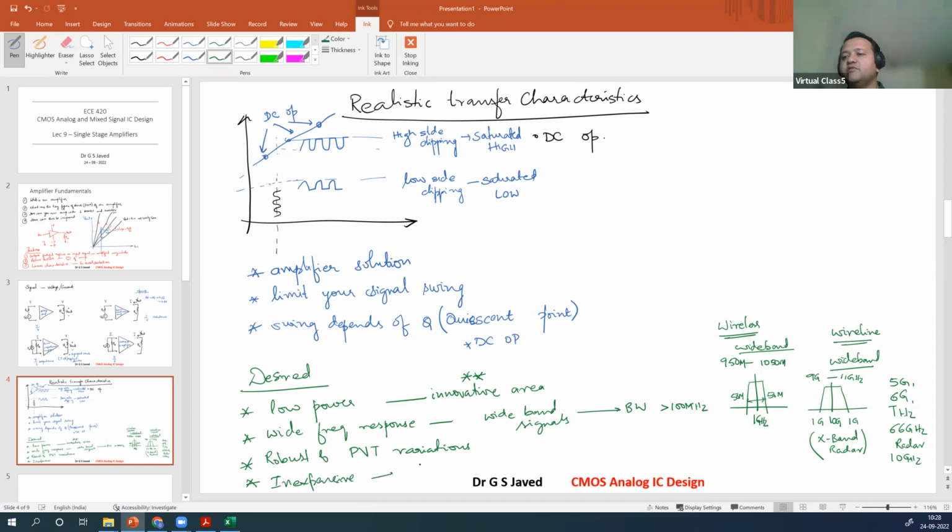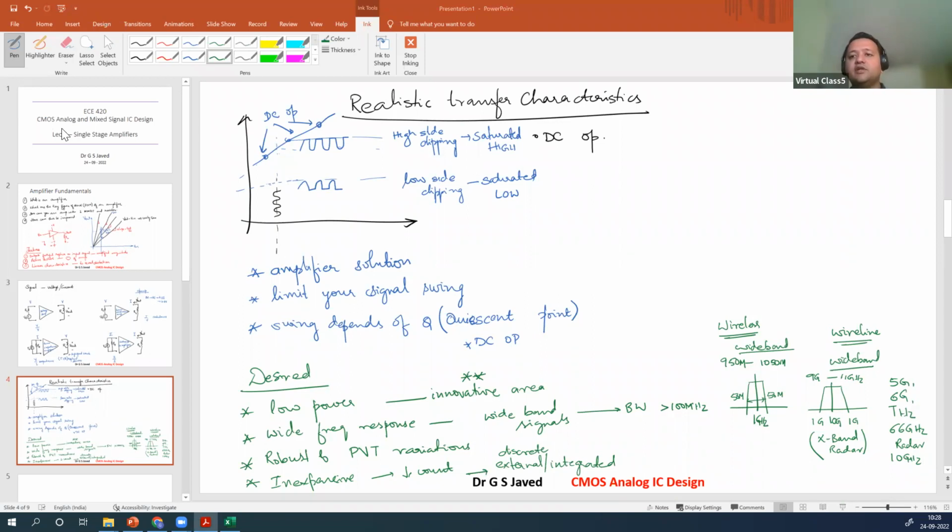When we mean inexpensive, the count of the devices that you use has to be lower or as minimal as possible. Whether it is an external usage or it is an integrated usage as an integrated circuit, or this would be discrete circuits. Everything has a cost associated with it. So these are the realistic transfer characteristics that are needed to understand.